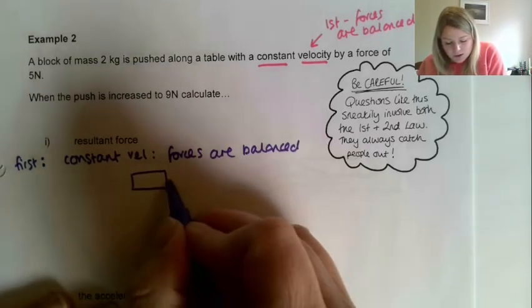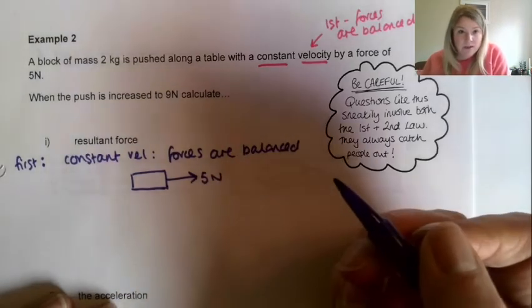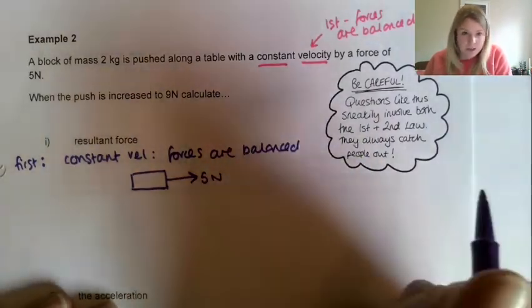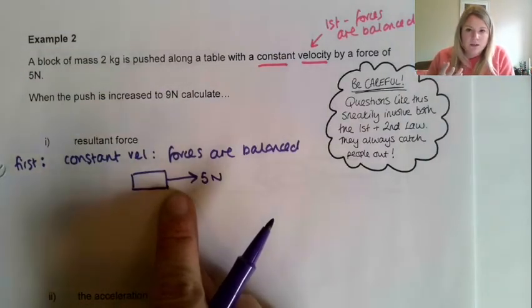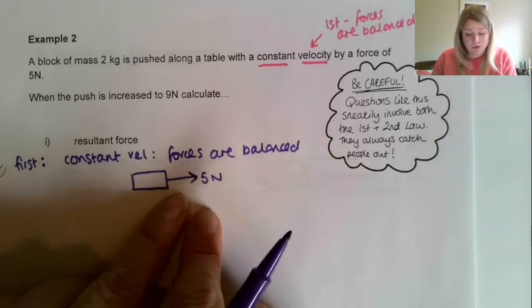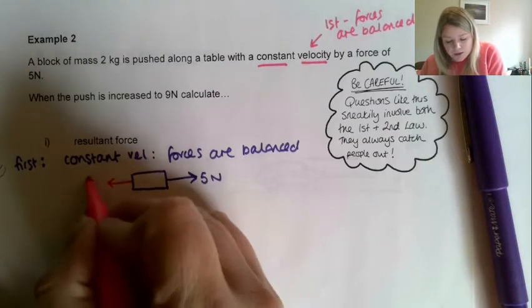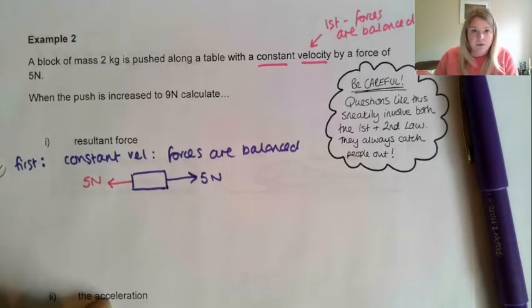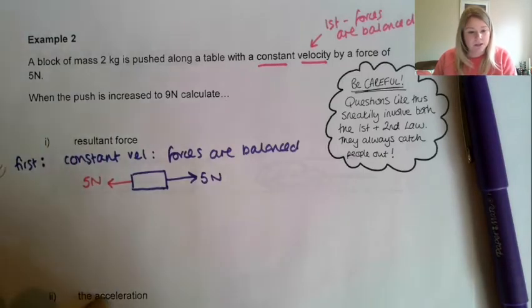So this told us that whenever the forward force was 5 newtons, this thing went at a constant velocity. Well, if it's going at a constant velocity, the forces have to be balanced. That's not balanced, that's a resultant force of 5. So that means that the friction force has to also be 5 newtons for this to be going at a constant velocity.